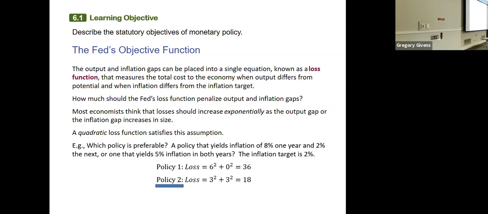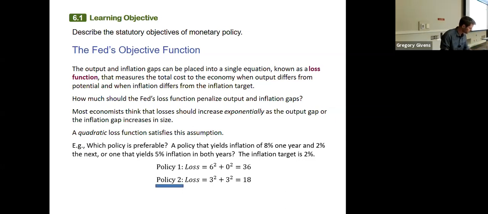Okay? So this is an assumption that we're building into this objective function, that the central bank, the Fed in particular, wants to try to avoid these really high output and inflation gaps because those losses are exponentially going to be larger. A simple quadratic loss function encapsulates that idea about exponential loss, okay?